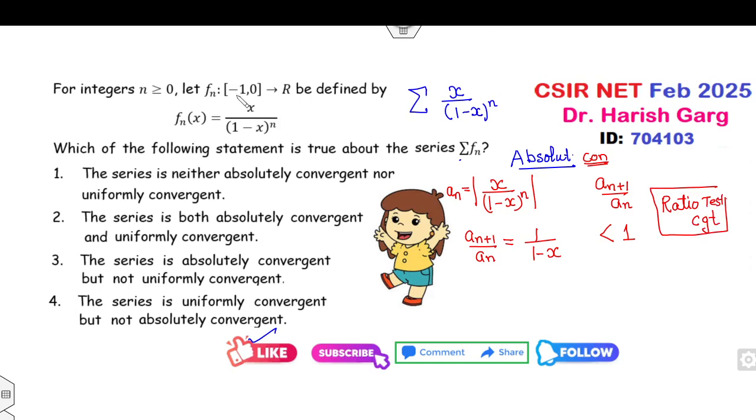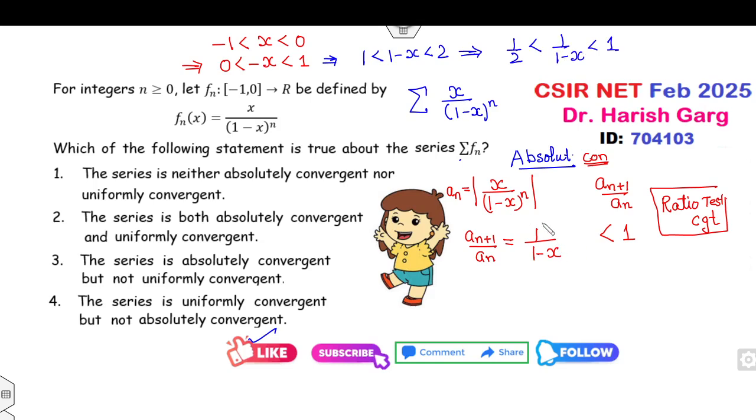Now look at that. x lies between minus 1 and 0. Minus of x lies between 0 and 1. I need the 1 minus x, so that means 1 minus x lies between 1 and 2. Therefore, 1 over 1 minus x lies between half and 1, so this number is always less than 1.